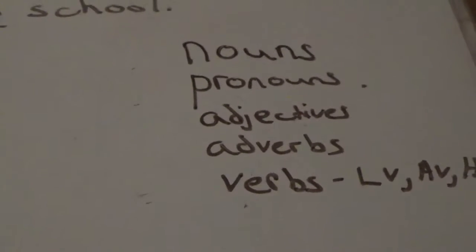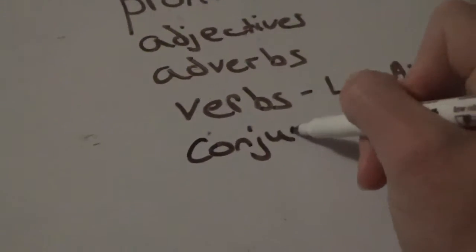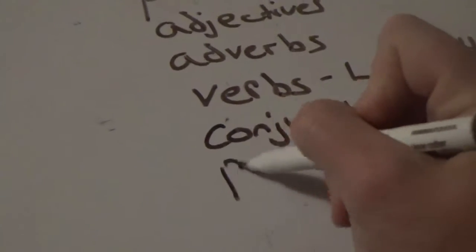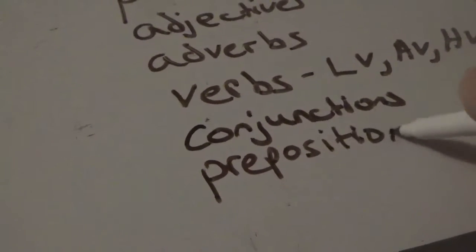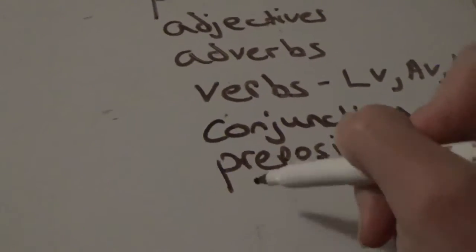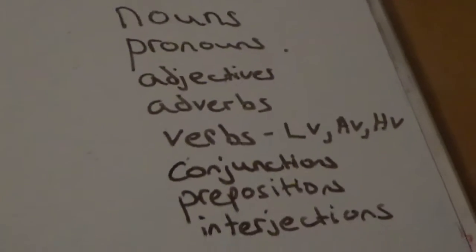Conjunctions, prepositions, and interjections. Remember, interjections are words like oh or wow. So every word in a sentence will be one of these parts of speech.